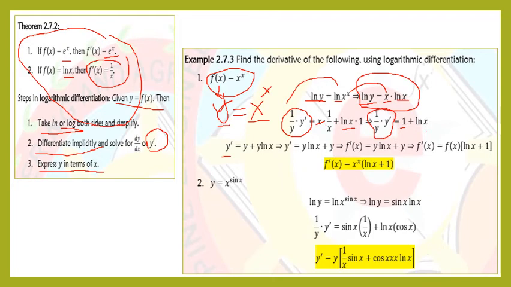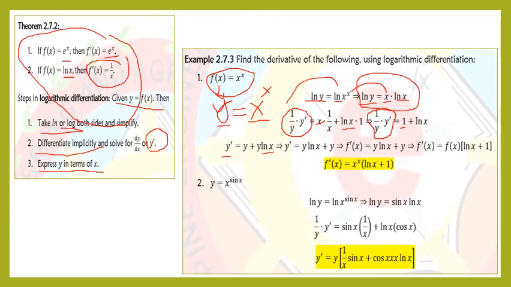Okay, so kasi nag-multiply tayo both sides by y. Okay, so this is equivalent to y prime. Okay, y times y plus y times ln of x, pwede natin siya i-rewrite as y ln of x plus y. Nilipat ko lang si first, second term, ilagay ko lang siya sa first term.